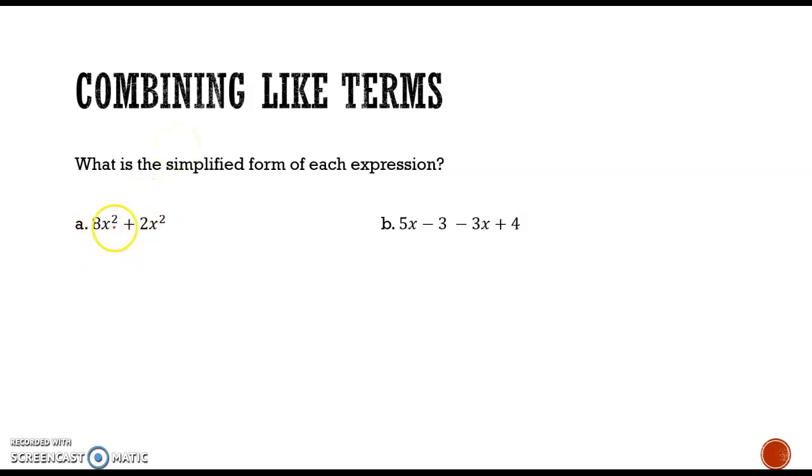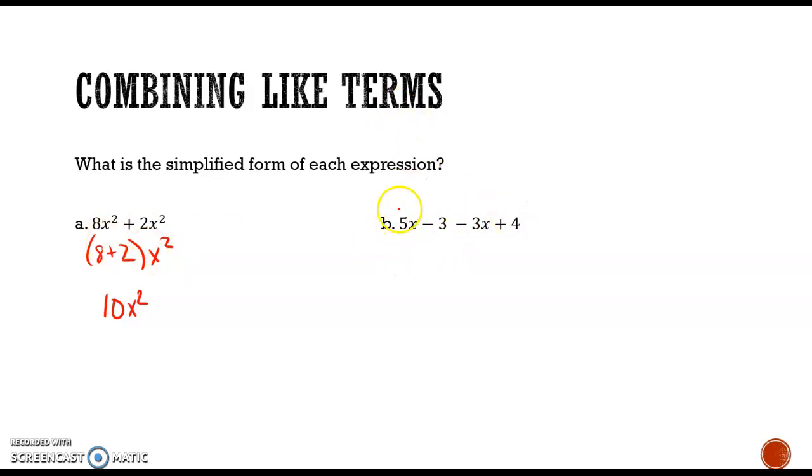And so because x squared is the same for each of these, we would do 8 plus 2 times x squared. And so that's where this distributive property is. But really, I mean, you can do this. I just think of it as 8 plus 2, right? So that 8 plus 2 is 10, and we keep the x squared next to it. However you want to think of it, but that's why they're placing this with the distributive property, because it can look something like this.